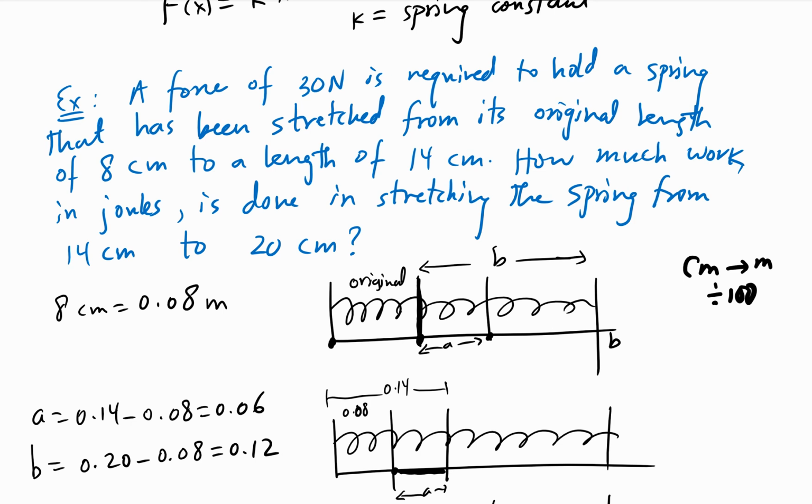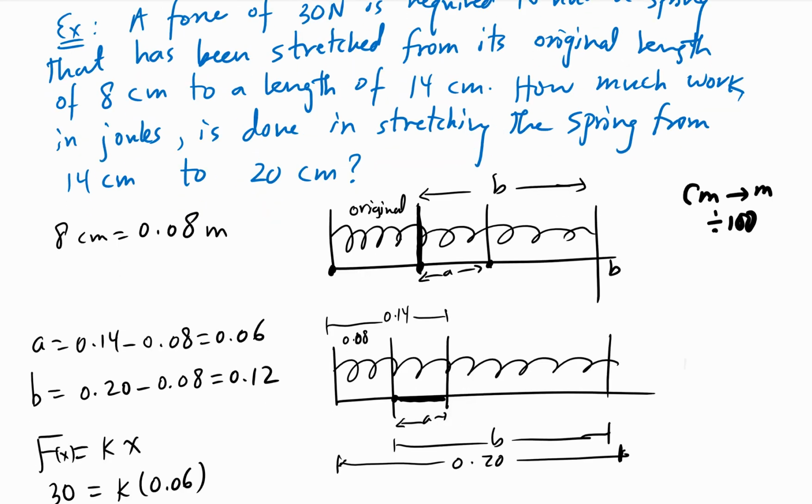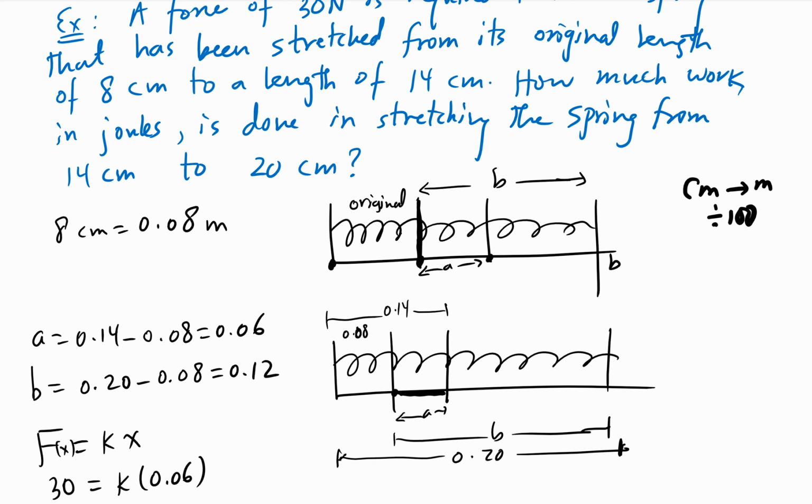And before I use the integral here, I need the force. So I found the bounds, I need the force. By Hooke's law, the force is proportional to the distance traveled. In this case, the force is given to us as 30 newtons equals k times x. The distance is 0.06. Why? Because it went from 14 to 20. That's the distance that was traveled by the spring, which is 0.06.